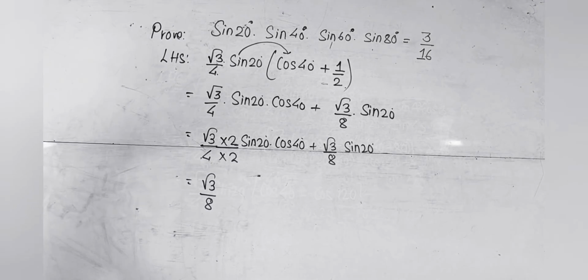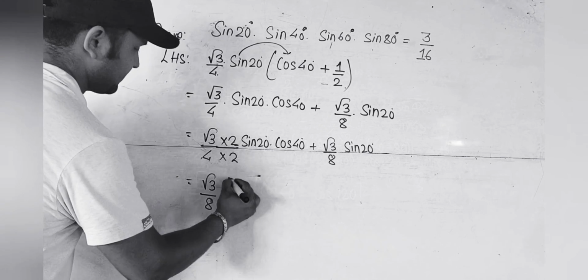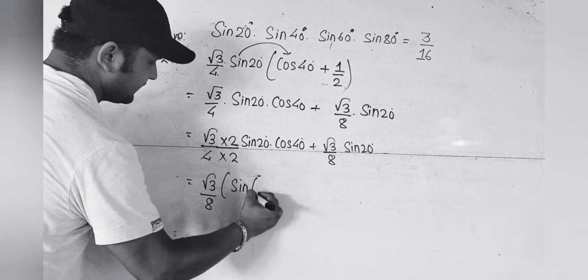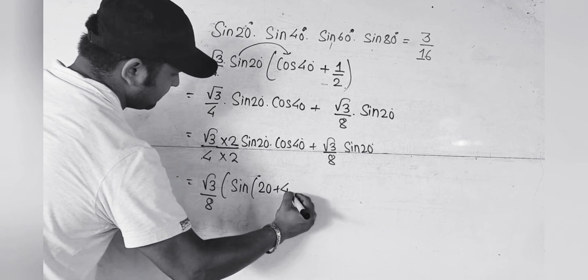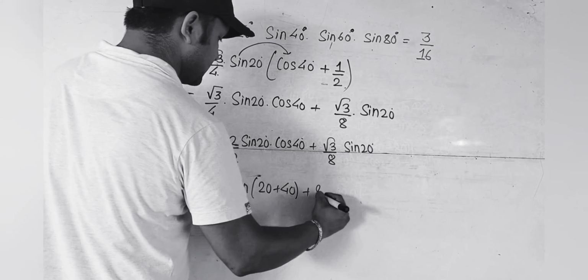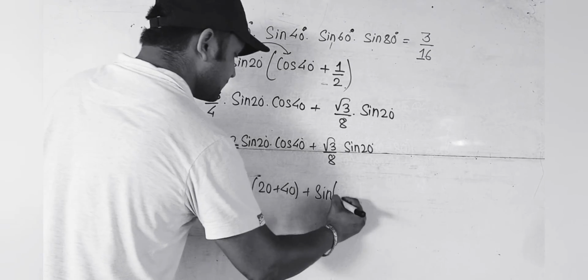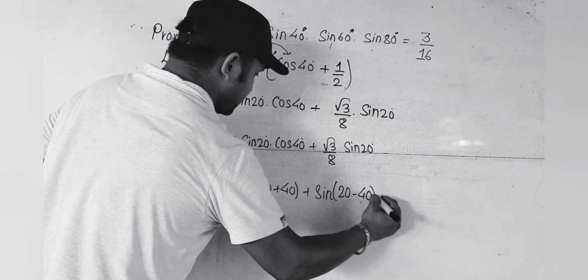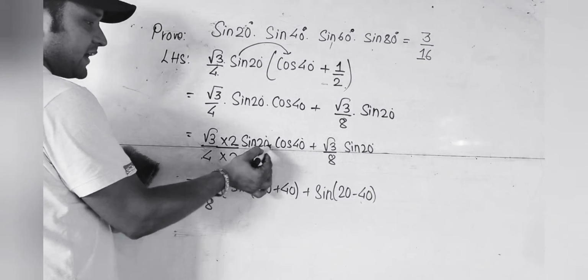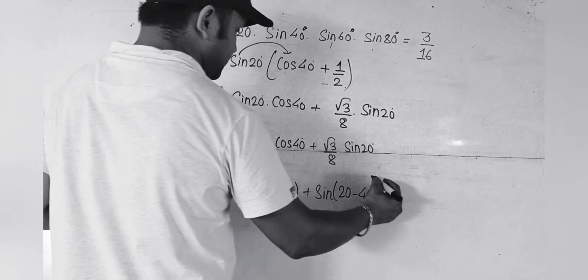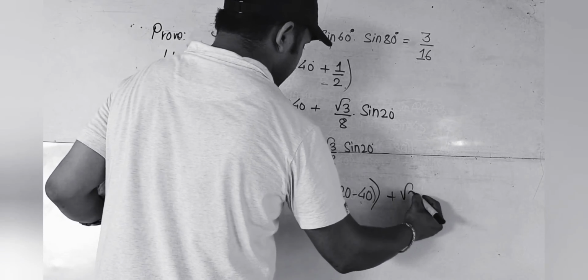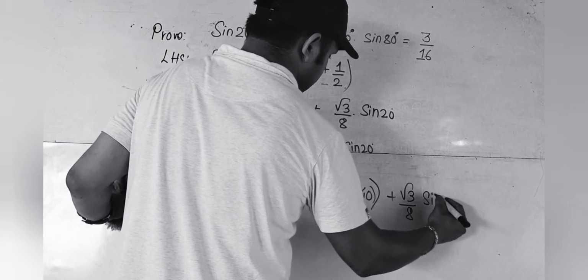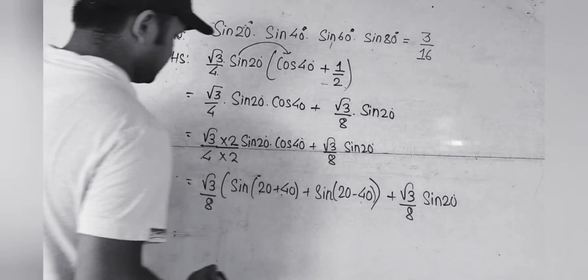Now we can use the formula of 2 sine A cos B, which is sine(A plus B) plus sine(A minus B). So we got this by using the formula 2 sine A cos B equals sine(A plus B) plus sine(A minus B). And you have here root 3 by 8 sine 20 degree.